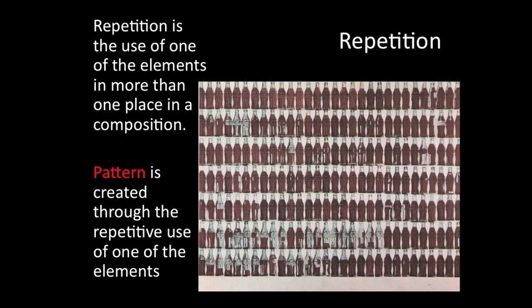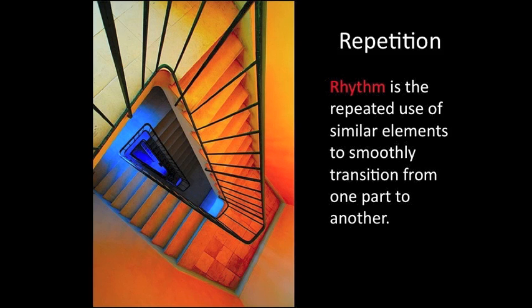Our next principle of design is repetition. Repetition is the use of one of the elements in more than one place in a composition. Pattern is a really great use of repetition. This is an incredible painting by Andy Warhol of his Coke bottles, using repetition. 2 other ways to use repetition would be with rhythm.